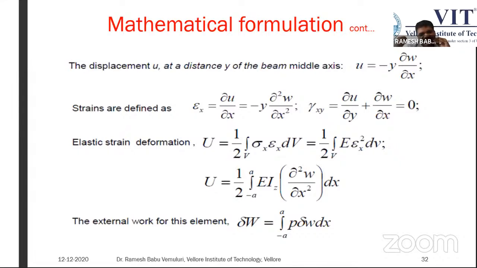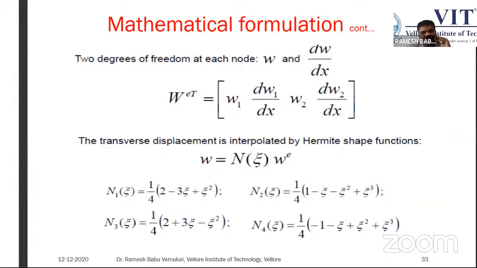The external work for this element, delta W, is equal to the integration from minus a to a of p delta w dx. So we have 2 degrees of freedom at each node: w and dw by dx. So this is a 2-degree-of-freedom element. The deformation vector has w1, dw1 by dx for the first node, and then w2, dw2 by dx for the second node. So each node has only 2 degrees of freedom, the displacement and the slope, which is dw by dx.